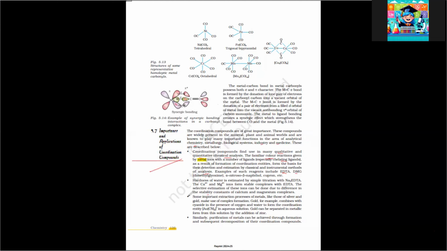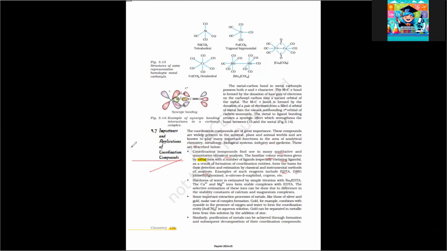And the next important application is in the extraction of metals. For example, silver and gold extraction use complex forming reactions. For example, gold combines with cyanide in presence of oxygen and water to form a coordination entity in aqueous solution.